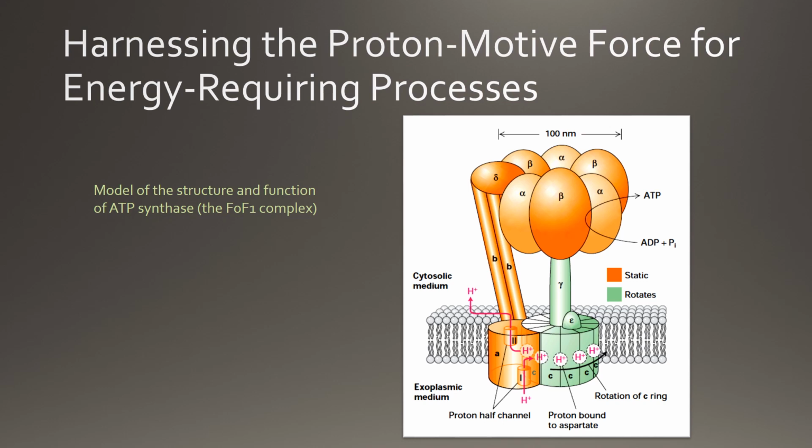The rod-like b subunits form a stator that prevents the alpha beta hexamer from moving while it rests on the gamma subunit. This whole picture is shown here.